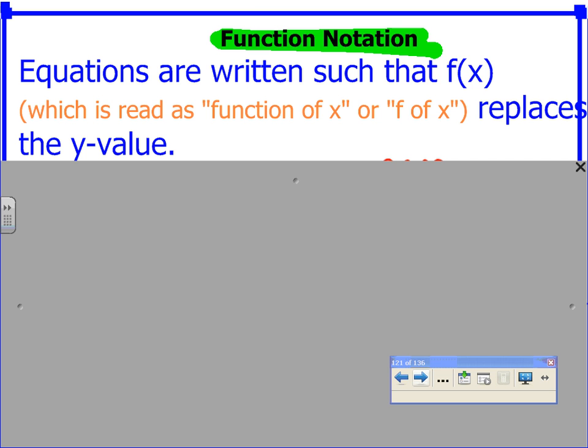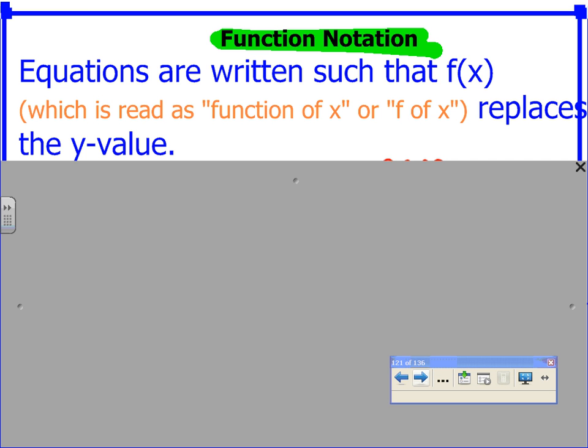So in orange, I want you to put in parentheses on your notes in the same spot. You read that as the function of x or f of x. And then the second part is it replaces the y value.